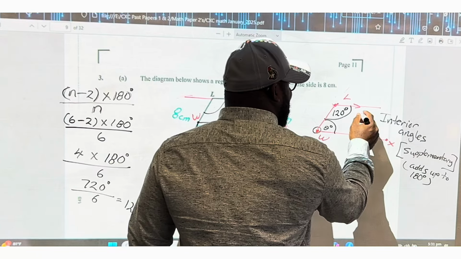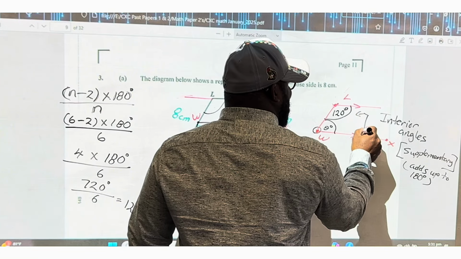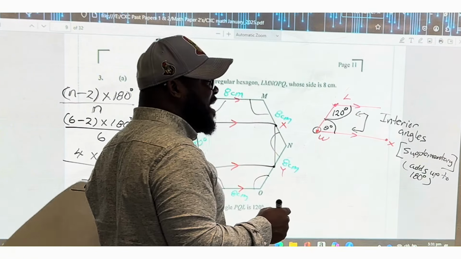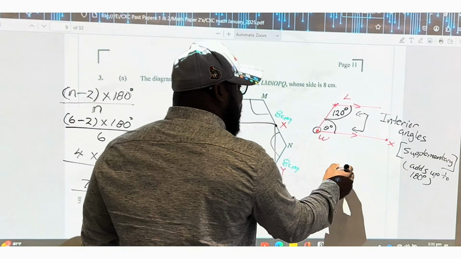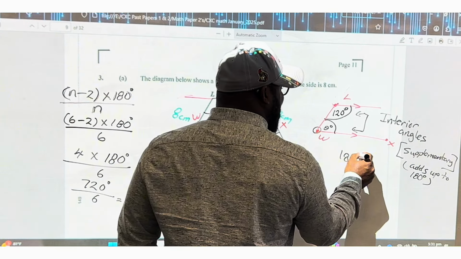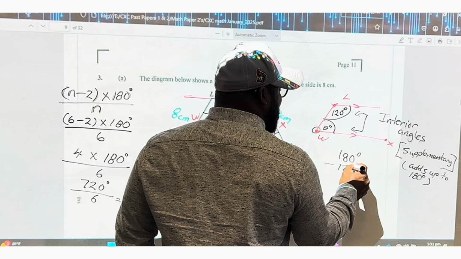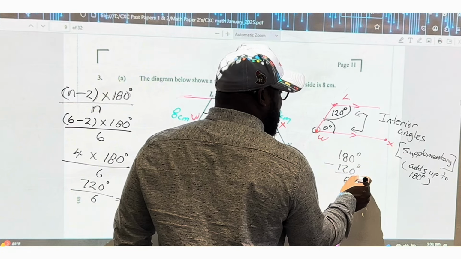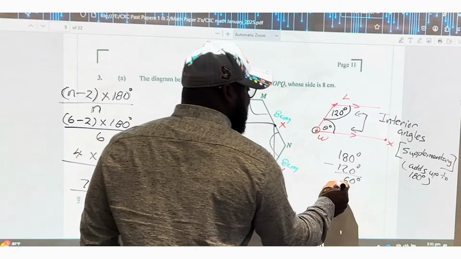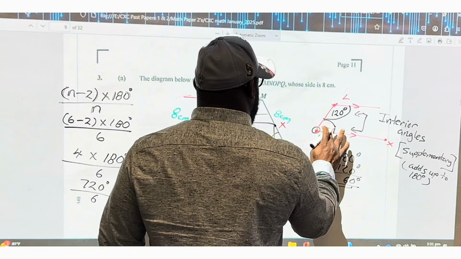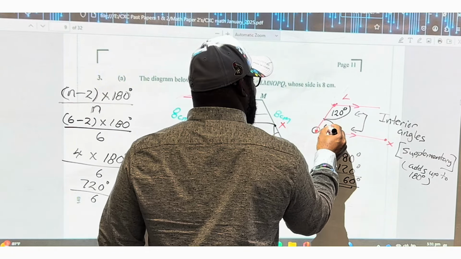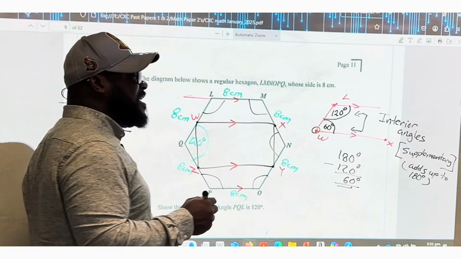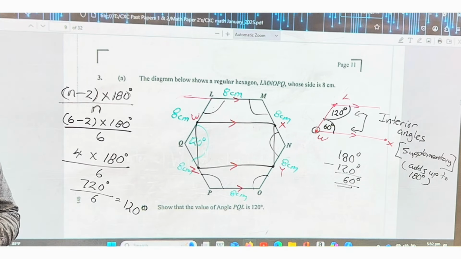So if this and this add up to 180 degrees, and you have 120 already, 120 from 180 gives you 60 degrees. So the angle in here is 60 degrees. You see that?